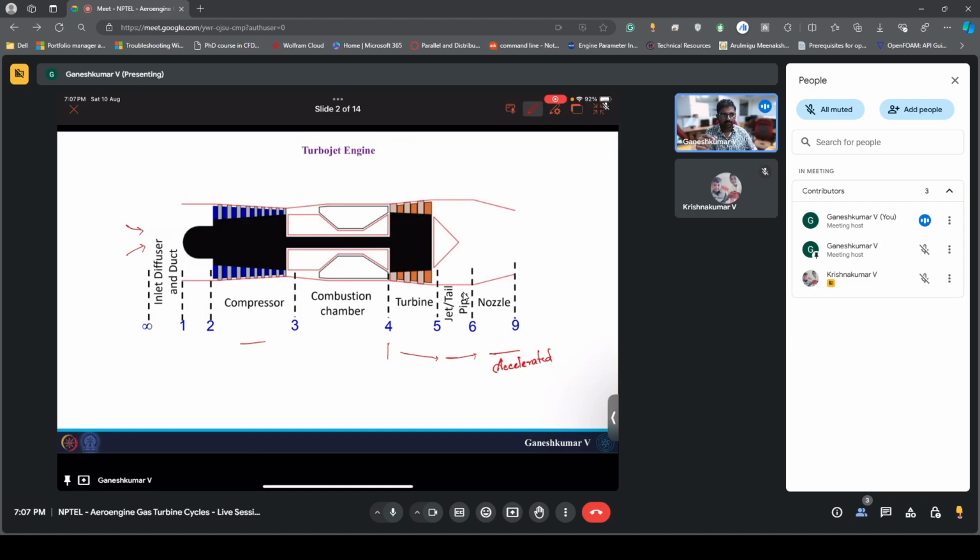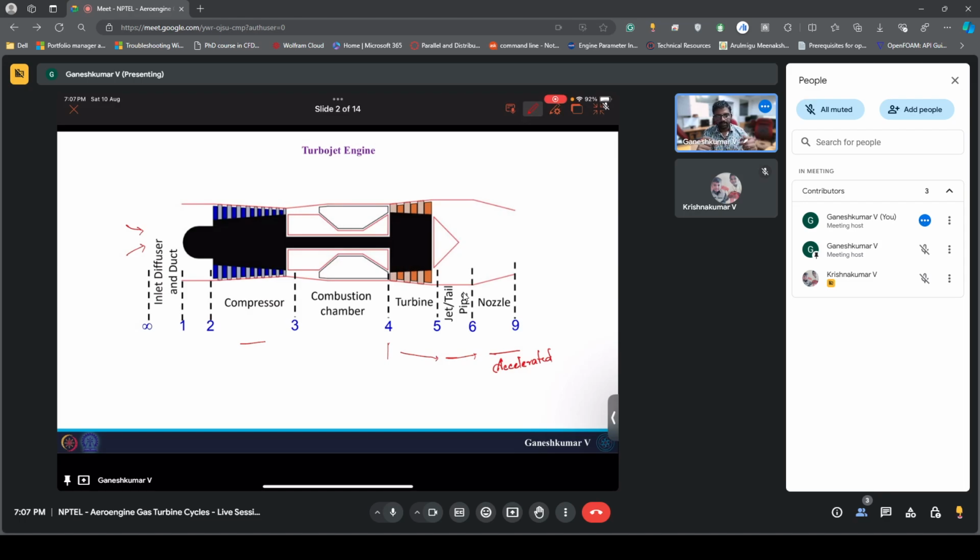And we say single spool because the compressor has to be driven by a turbine, and the turbine and compressor are in the same spool. So when we say dual spool, we will have two, low pressure and high pressure compressor, and low pressure turbine and high pressure turbine. And when the low pressure turbine drives the low pressure compressor, it will be in one spool, and high pressure turbine and high pressure compressor will be in another spool.